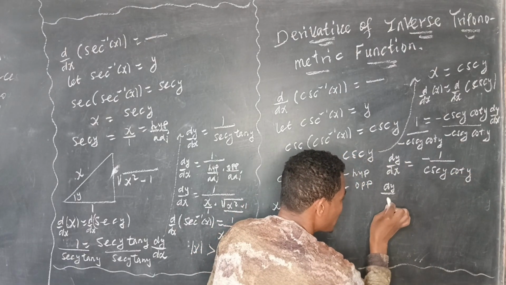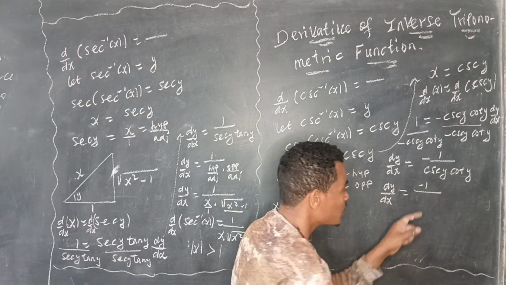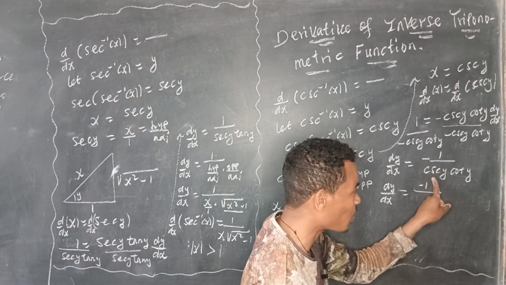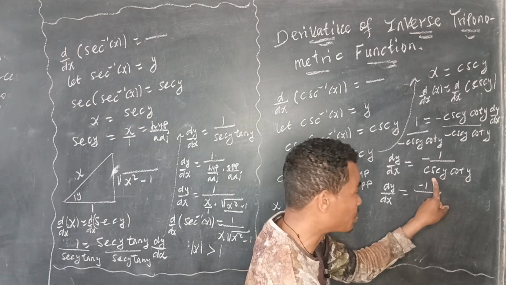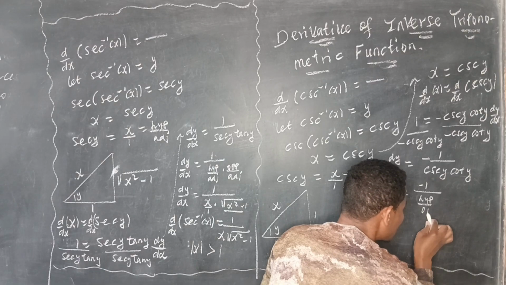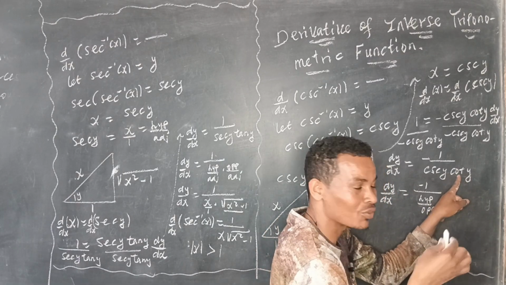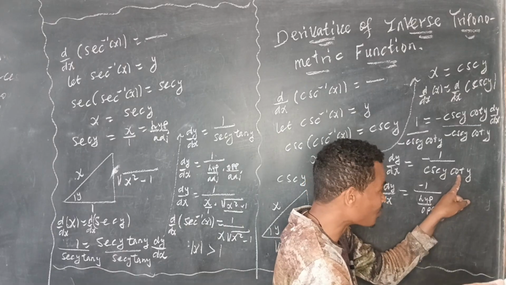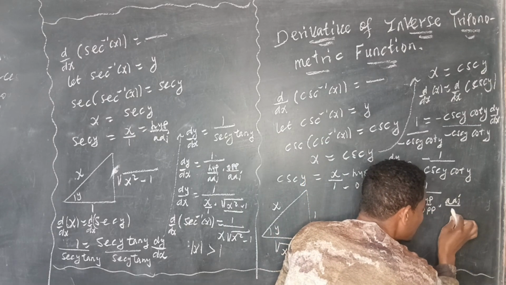Now from this one, dy by dx is equal to minus 1 over cosec y, which is the reciprocal of sin y. So sin y is opposite over hypotenuse, so this is hypotenuse over opposite, times cot y, which is the reciprocal of tan. Tan is opposite over adjacent, and cot is adjacent over opposite.